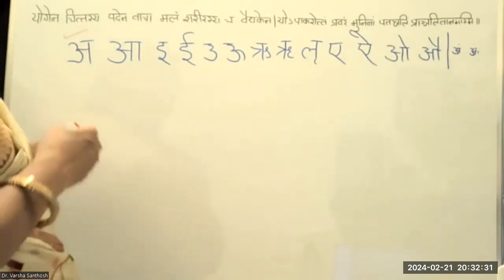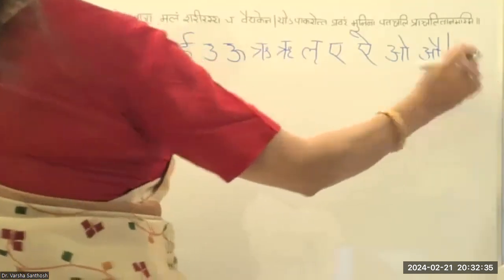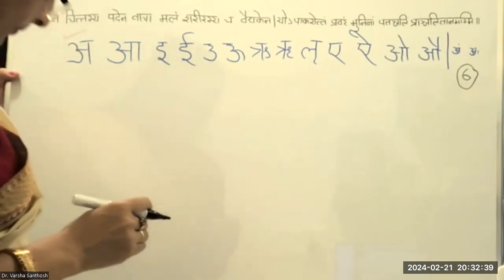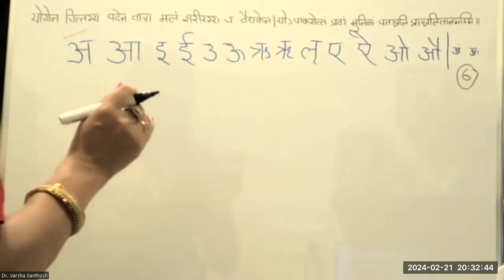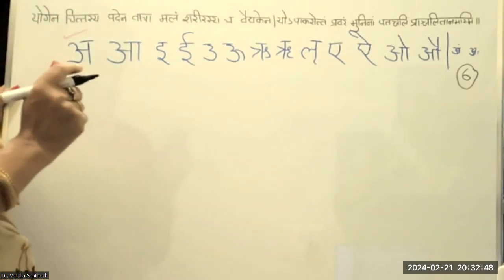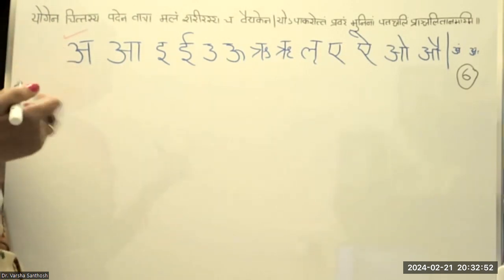So swara sandhis basically are of 6 types. Okay, keep that number somewhere in the mind. It depends upon what is joining with what. Now let us see the probabilities.